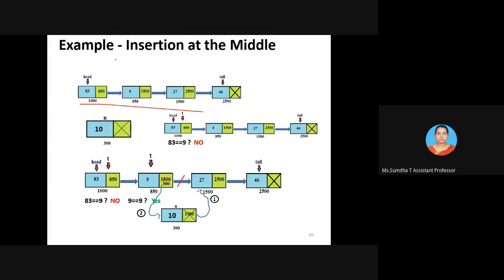In that, I'm going to insert one node, the n node, stored at memory location 300, with the value 10. This node is going to be inserted after the element 9.